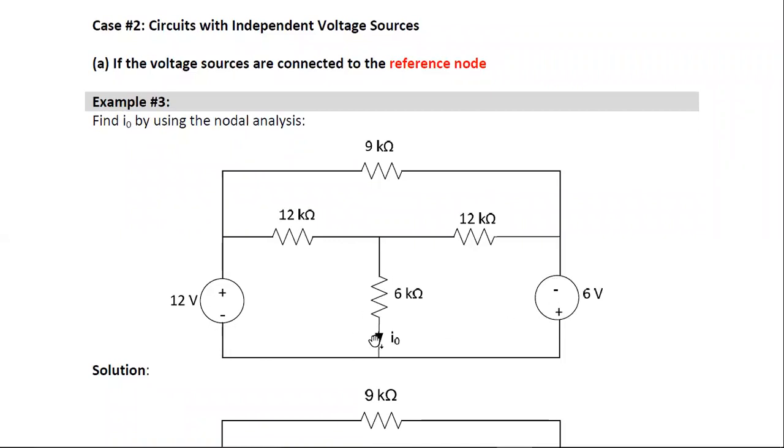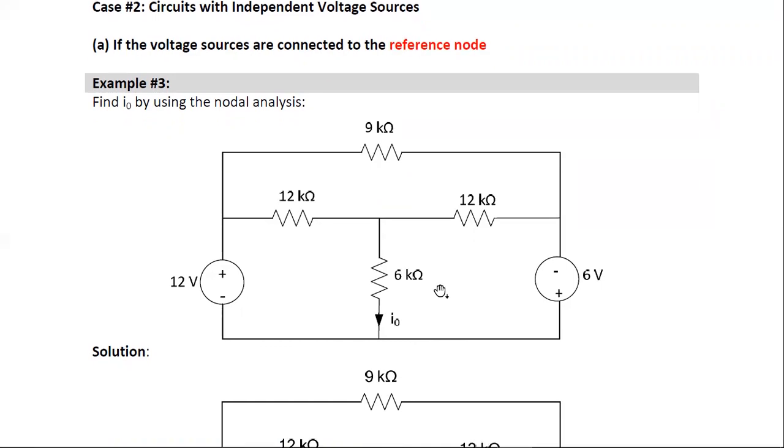My current is downwards. You should not change the directions given in the problem. If no current directions are given, you need to assume either upwards or downwards based on your interest. But if the current direction is indicated, you must follow that direction only. Let me move to the solution.